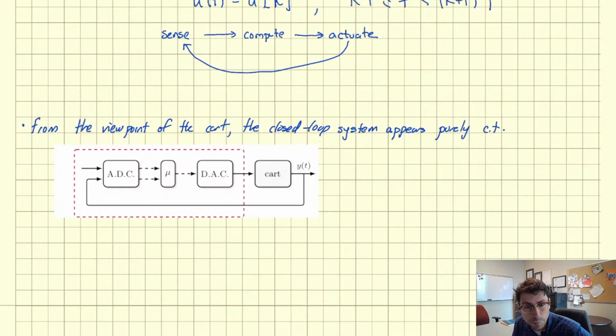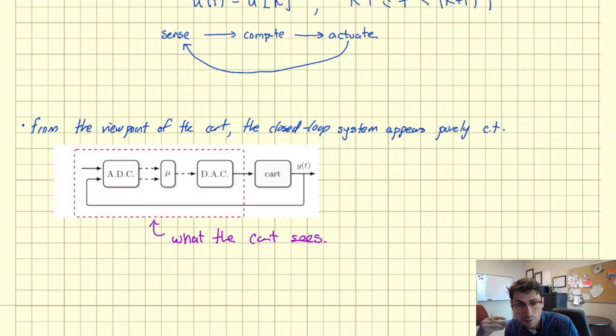And so if you look at this picture, what the cart is seeing is a continuous time signal coming into its input. The cart itself produces a continuous time signal, and it sends it back to the red box. Right? So this is what the cart sees.